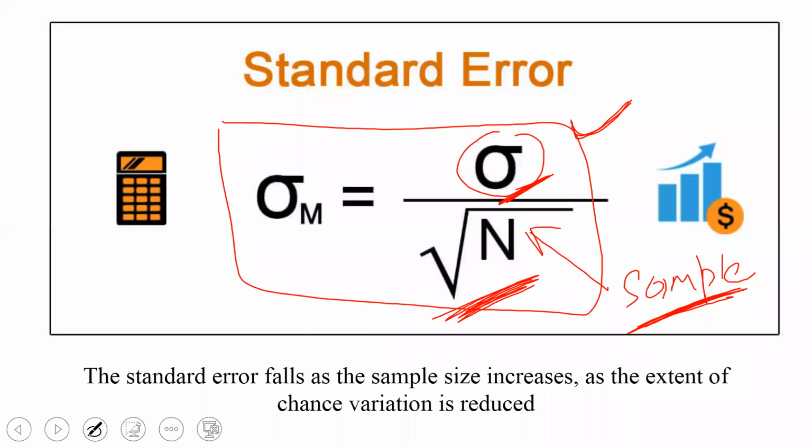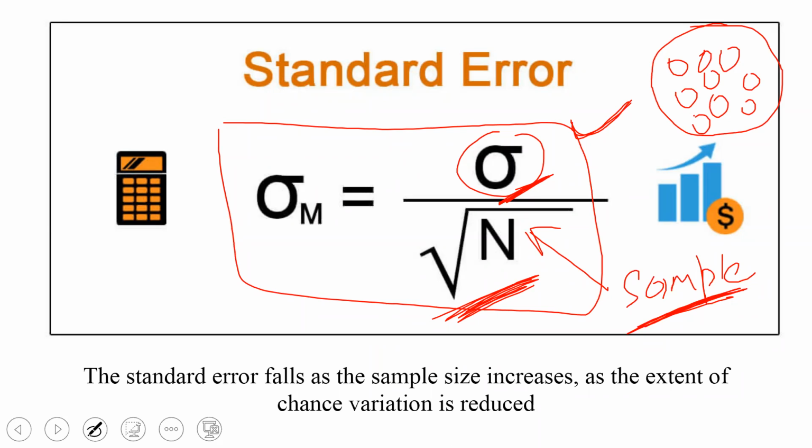If the sample size that I'm taking is large, then what do you think, should my standard error be high or low? If I'm asking more people, then my error will reduce.